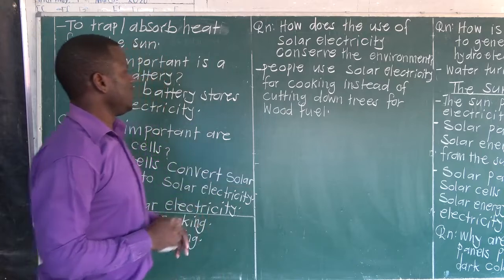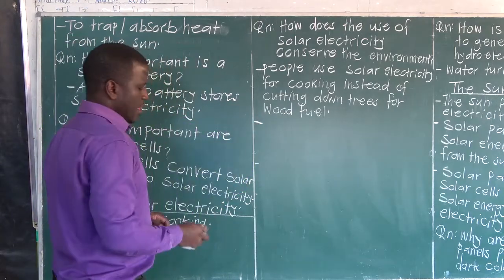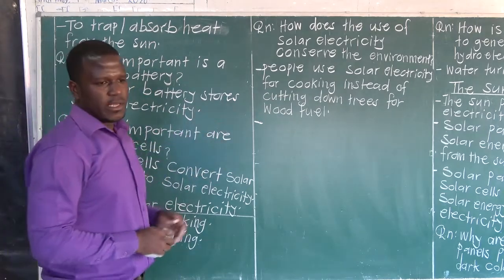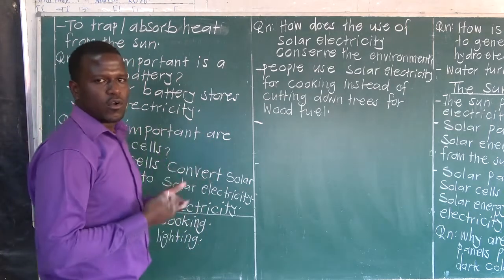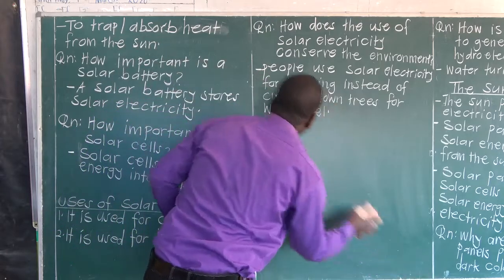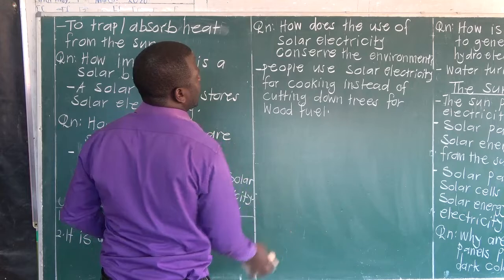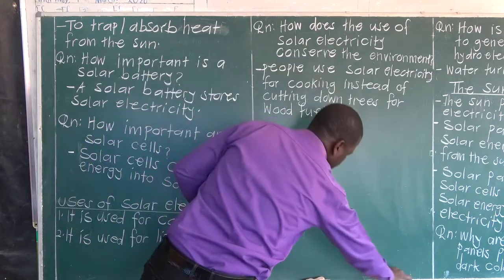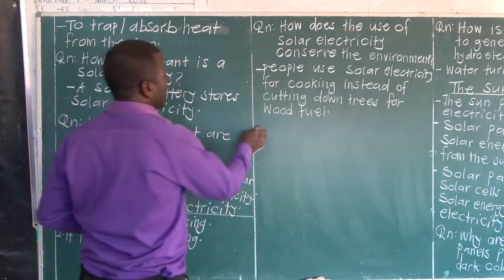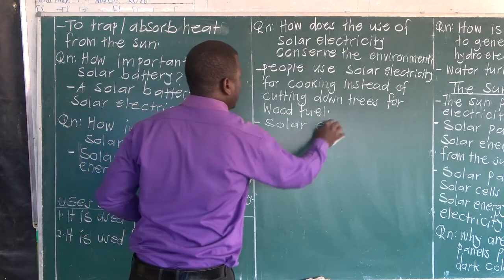Another answer would be, solar electricity does not pollute the environment, because when you use it for cooking, it does not produce any smoke. That's how it conserves it. It does not pollute the environment, or it does not produce smoke.